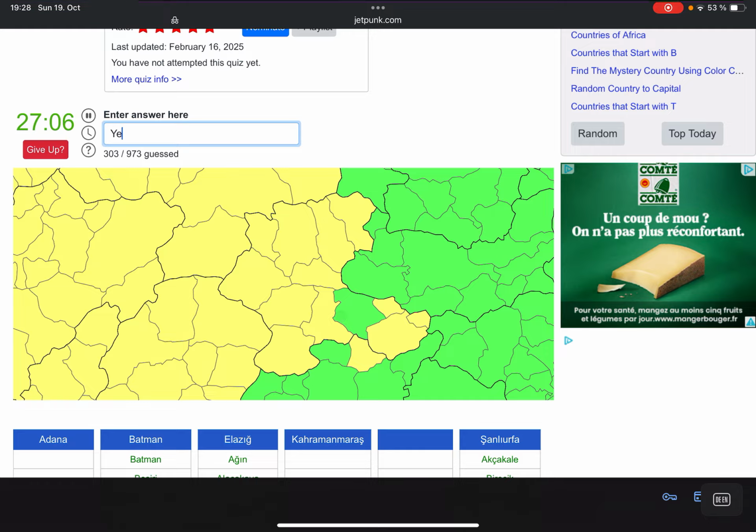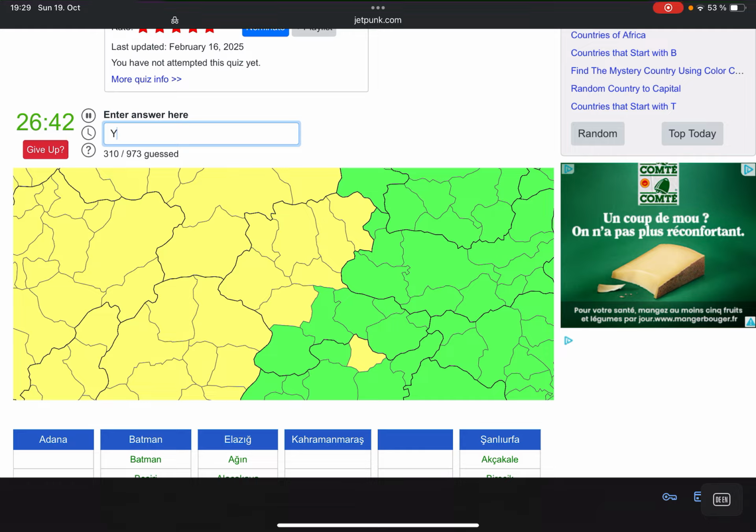Then we have Yeşilyurt, Pütürge, Doğanyol, and Doğanşehir. And here we have Kale.